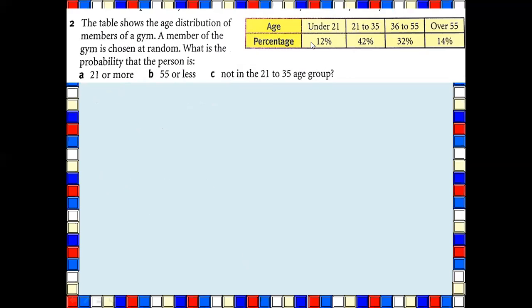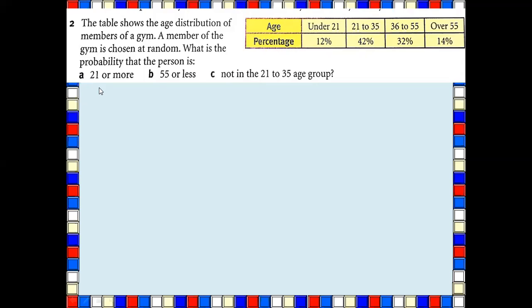If you look at the table, they put the percentages of those people. Those who are under 21, there are 12%. Ages between 21 to 35, 42%. 36 to 55, 32%. And over 55 years, 14%.